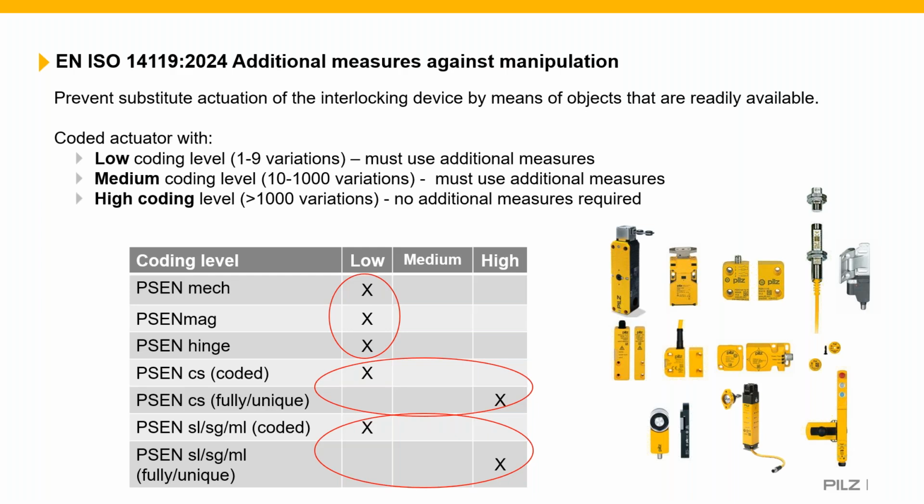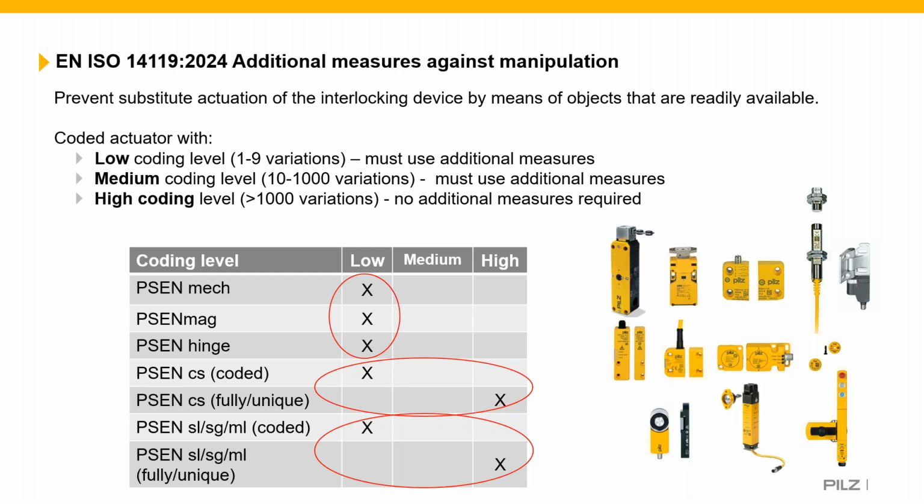The mechanical range, the magnetic range, and the hinge range are all low-level coding, two-part actuators on mechanical devices and so on. For the PCNCS coded switch range, we have different levels of coding: depending on what it is, it can be low, or if we have a fully or uniquely coded device, then we can have a high level of coding.